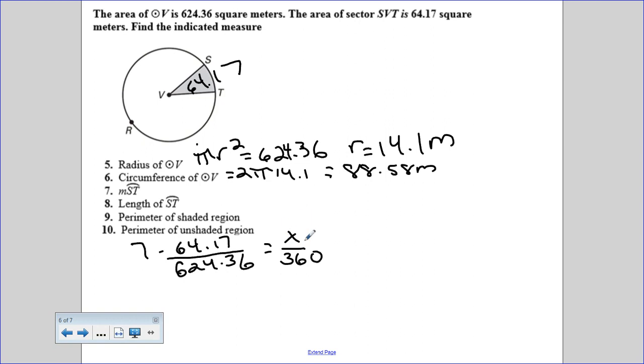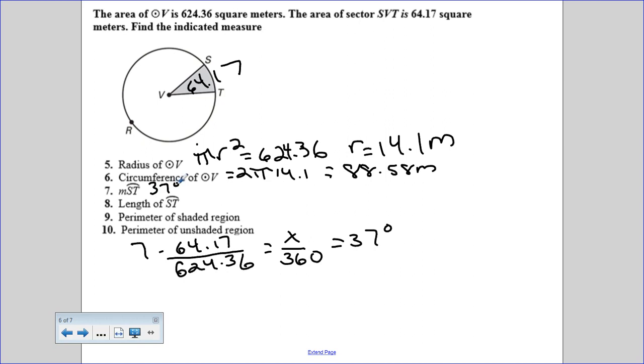Okay, because I'm trying to find the angle measure of the arc. Cross multiply. And what do you get? You should get 37 degrees. So put that here.